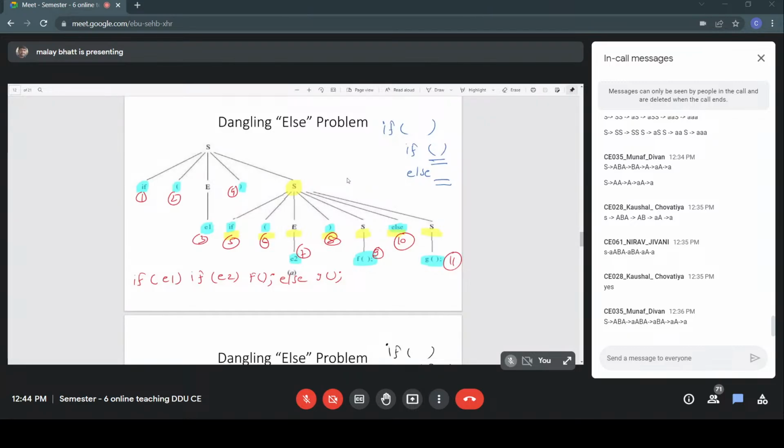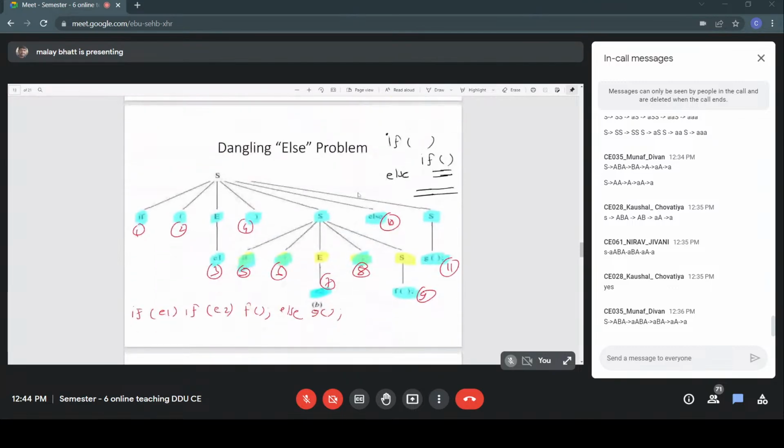And I think dangling else is clear. The role of else is dangling. It is not clear. It is linked with the inner if. Also, it is linked with the outer if. So it is dangling. That's why it is known as the dangling else problem. So ambiguous grammar may create this kind of problem, and it is not used in any programming languages.